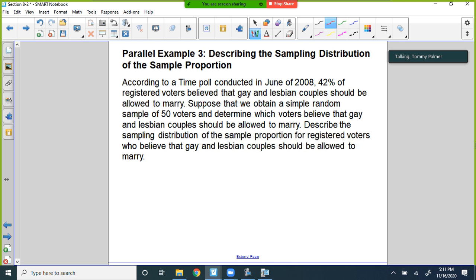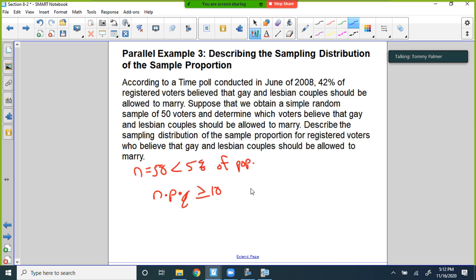So first things first, we got to make sure that we understand that n of 50 is way smaller than 5% of the population, right? Y'all agree? Of the registered voters, 50 people, not even a drop in the bucket, right? Now, we also got to check that n times p times q is greater than or equal to 10. If so, then we can take a normal approach to it.